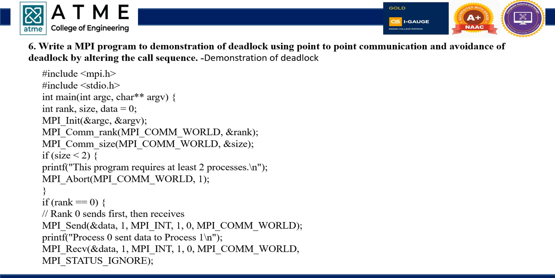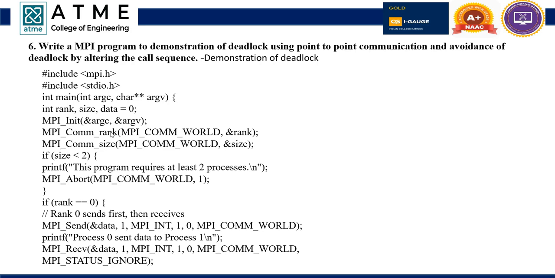Then initialize the size, which is the total number of processes, and the data is set to 0, because the data to be sent between the processes is initialized to 0 here. Okay. Now call MPI_Init with argc and argv.